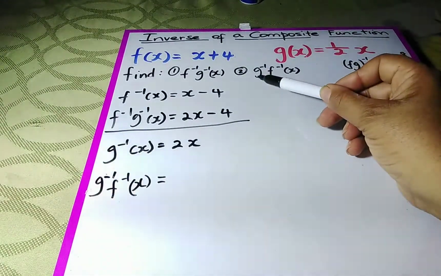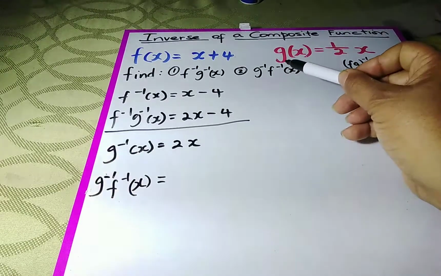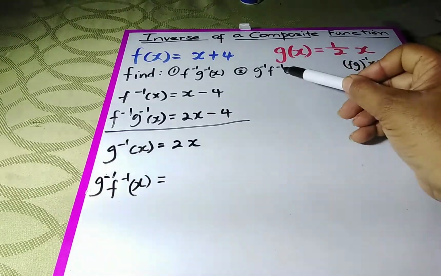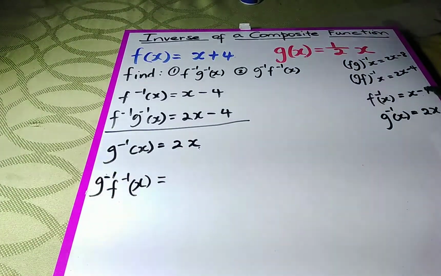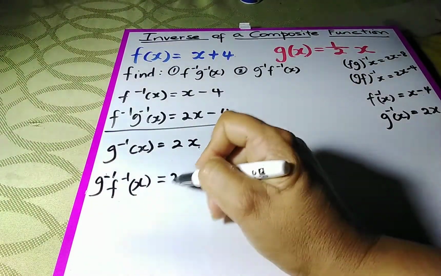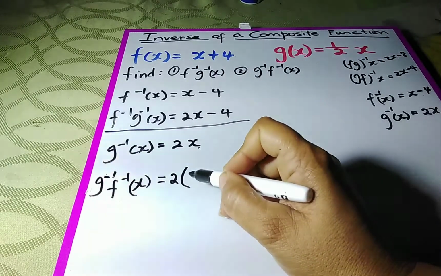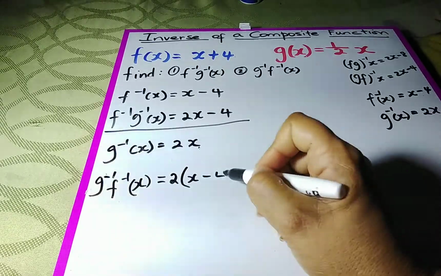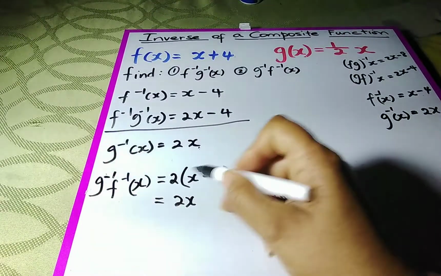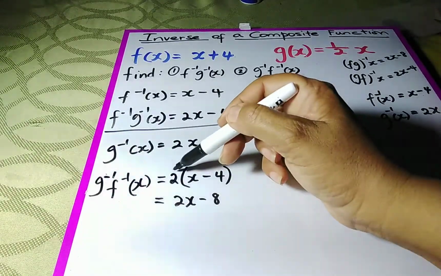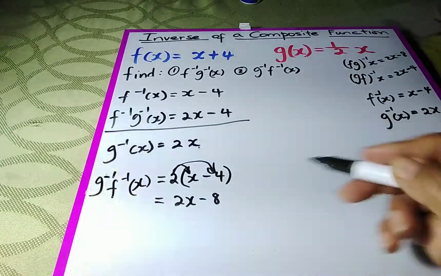We write down the primary function first. Then we're going to combine or insert the f inverse into the g inverse. So where x is, we put x minus 4. So 2, and where x is, we put x minus 4, which is the same thing as 2x minus 8. We multiply 2 times x, 2 times minus 4, 2x minus 8.